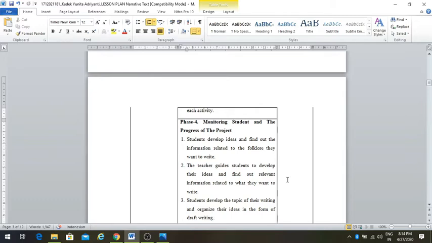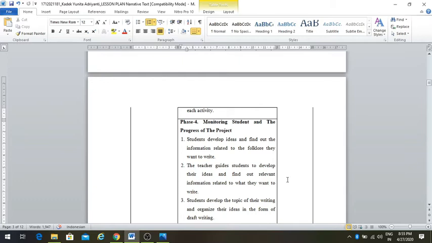So in the first meeting at this phase, the students focus on doing pre-writing, in which they develop their ideas and find out the relevant information about the story they want to write. They can find out on the internet or etc. After that, they organize their ideas and information gathered in the form of draft writing.